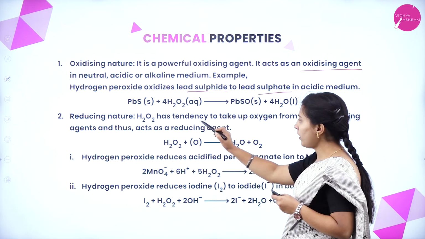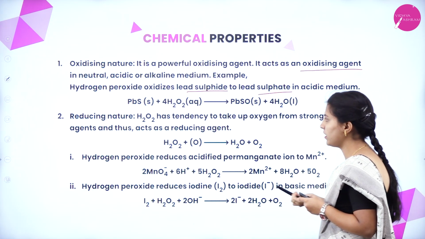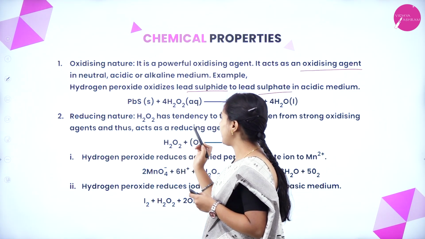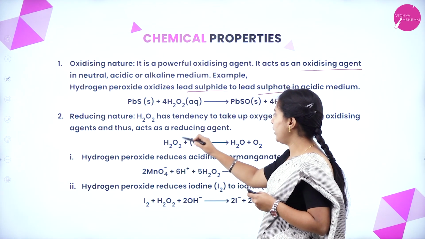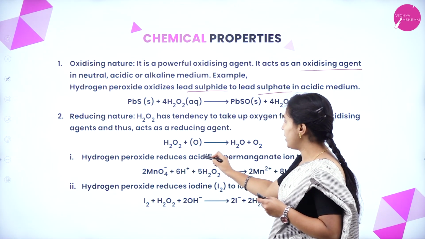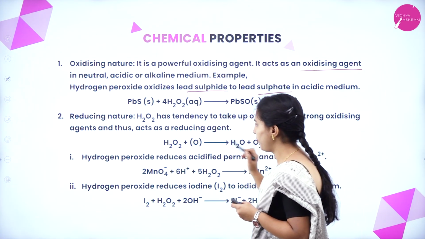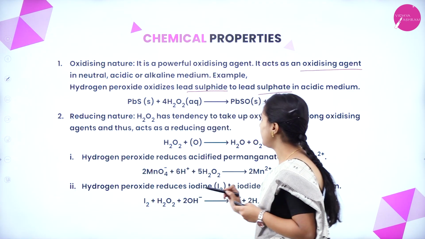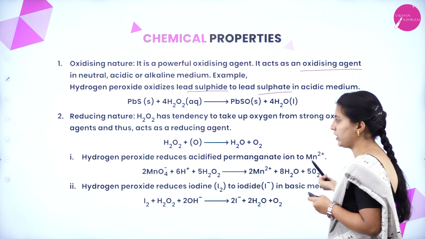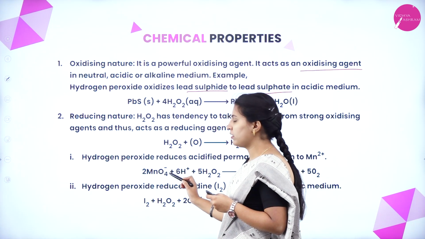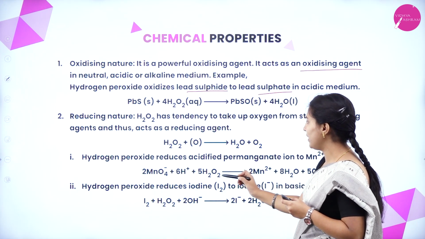Reducing nature. Hydrogen peroxide has a tendency to take up oxygen from strong oxidizing agents and thus acts as a reducing agent. Here, hydrogen peroxide is acting as a reducing agent, giving water and oxygen. How? It is removing the oxygen from peroxide. Hydrogen peroxide reduces acidified permanganate ion to Mn2+, that is manganese. See here, permanganate plus hydrogen plus hydrogen peroxide, it is going to reduce.